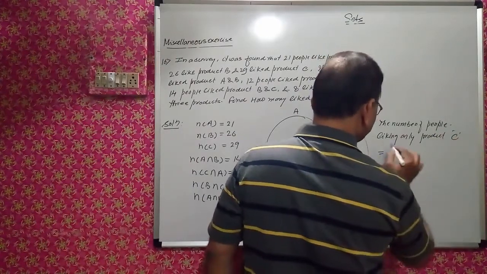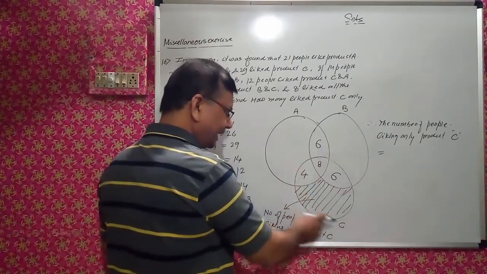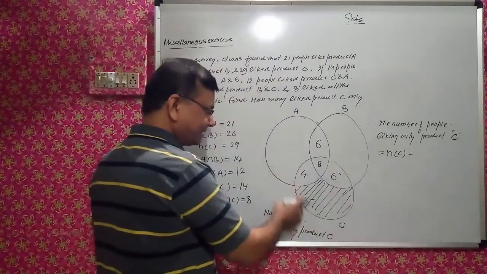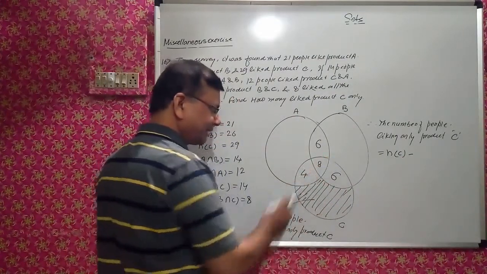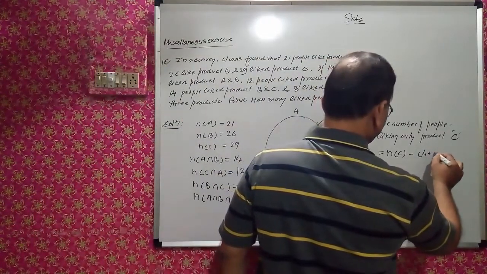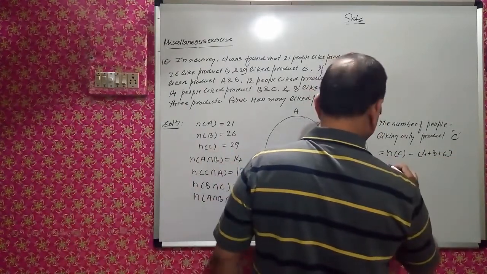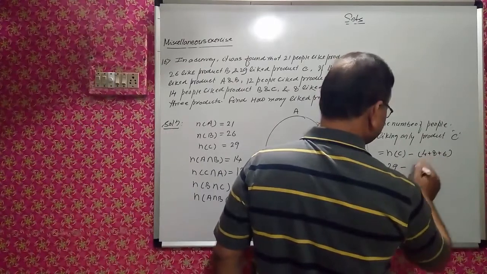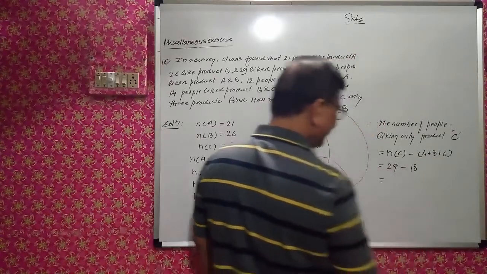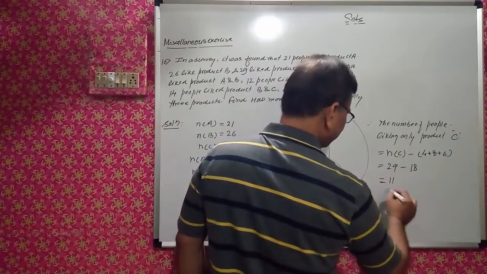to find this area, what will we do? We will take the whole, that is NC, minus, the whole NC, from it we subtract this plus this plus this, then this area will come. That is, we will do 4 + 8 + 6, so NC, that is 29 minus 18, how much will it be, that is 11, that is the answer.